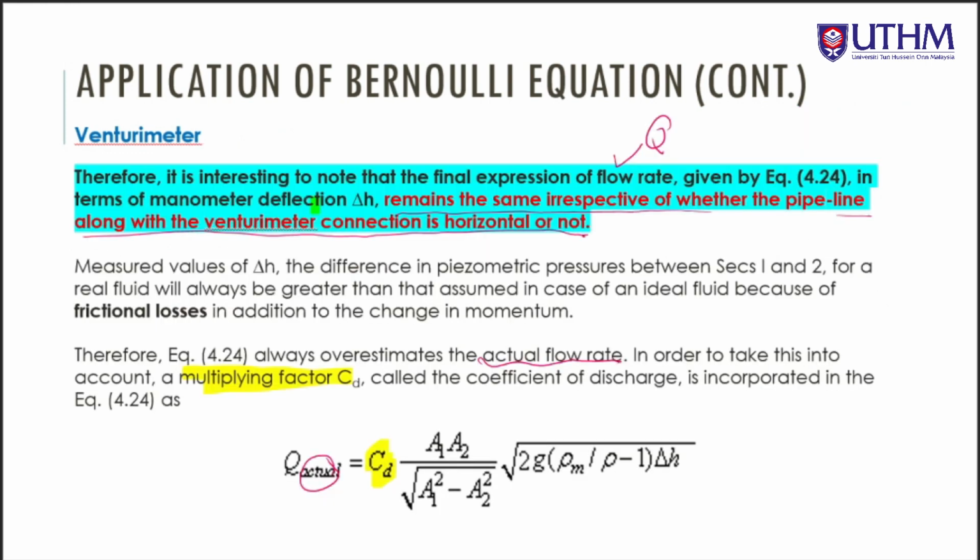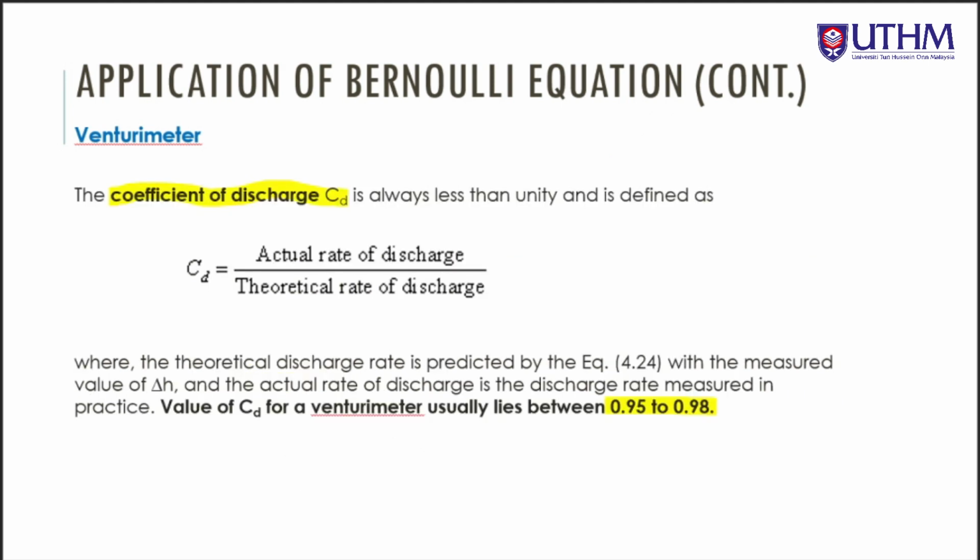But in the actual kita kena consider those frictions and so on kan. So by the addition of this factor, dia akan reduce the flow rate kan, sebab basically akan ada loss lah. So the coefficient of discharge itself is always less than unity lah. Ini macam biasa lah, kita tahu coefficient mesti less than 1.